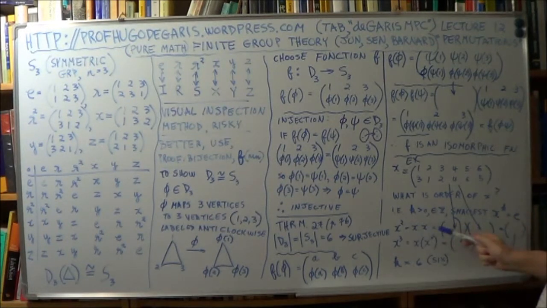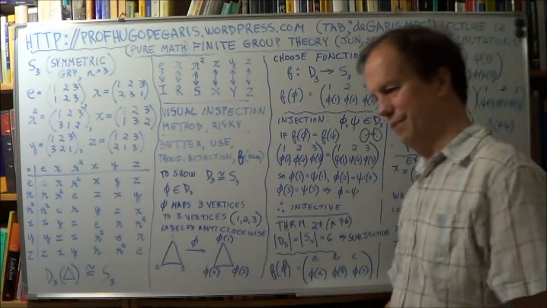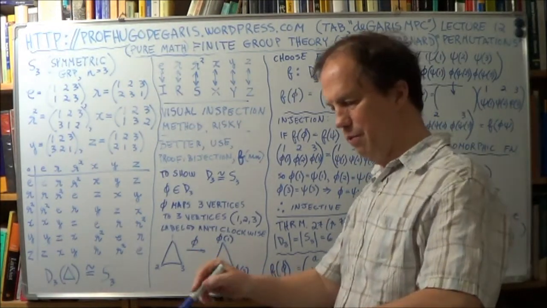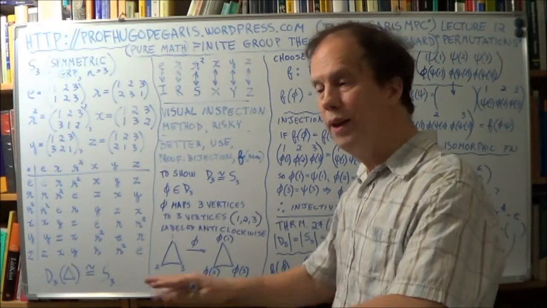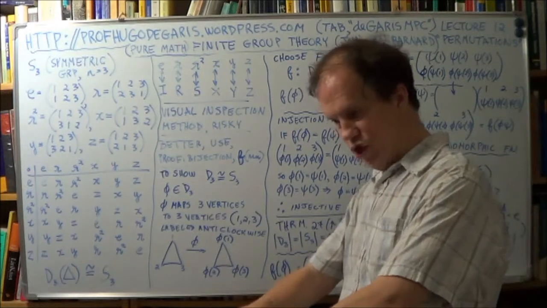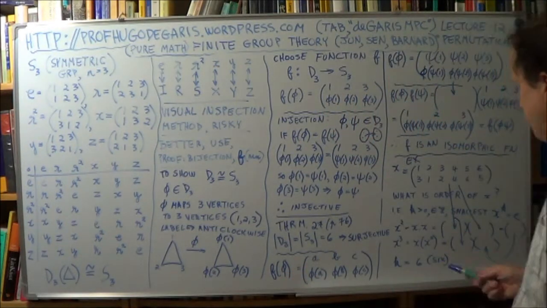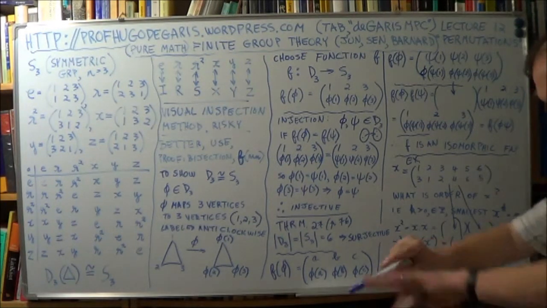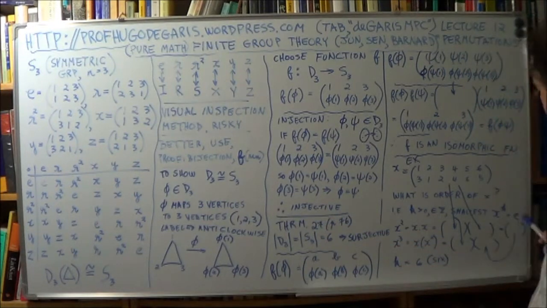So this is an exercise in applying the binary operation of two permutations multiple times. So you're trying to find k.